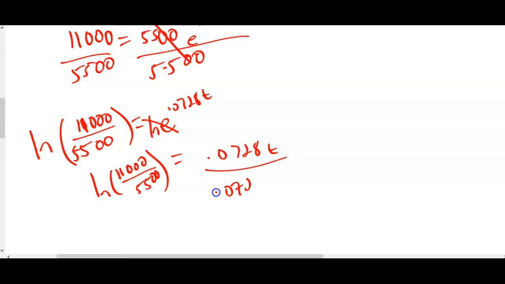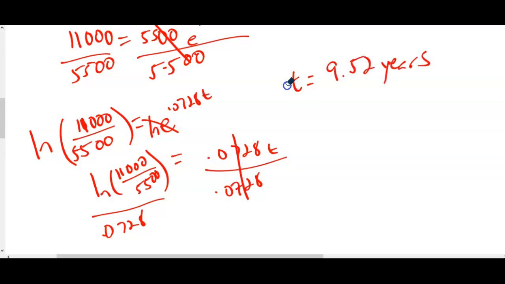And I like to just continue working the whole problem. So you get t equals, and I'm going to punch this into my calculator. So when I do that, you get natural log. Make sure you put parentheses around this when you punch it in. And you get 9.52 years, like that.